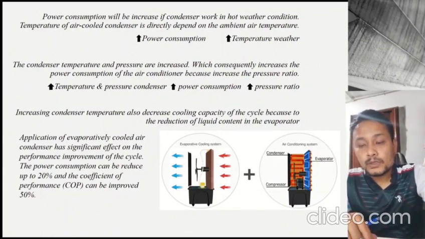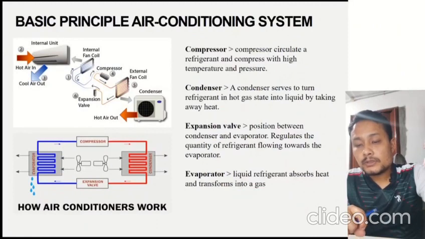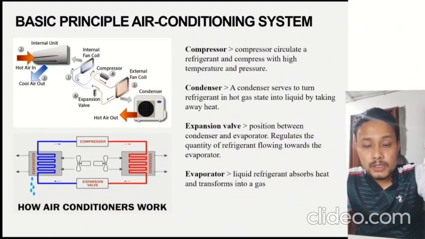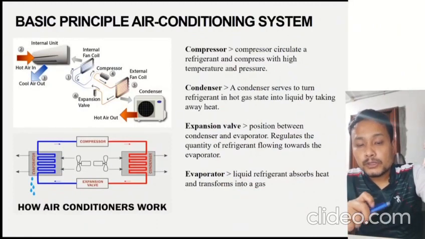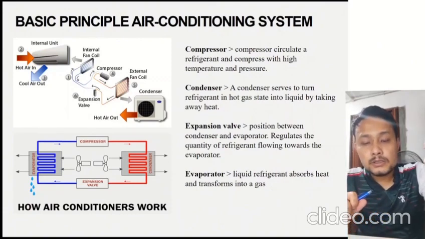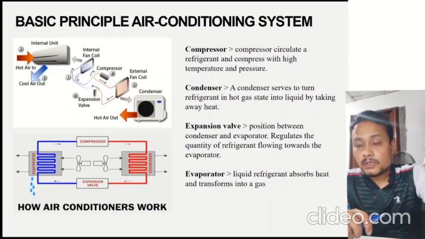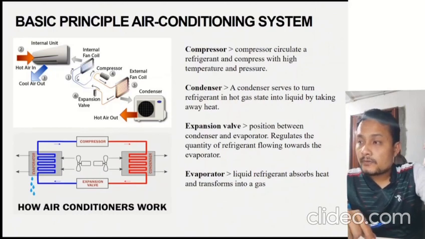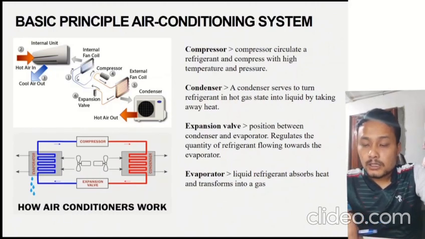by 50% also. The basic principle is that an air conditioning system has four components: compressor, condenser, expansion valve, and evaporator. From the picture, we can see in the room there is hot air and cold air.